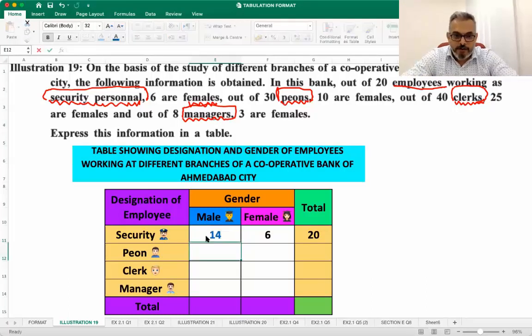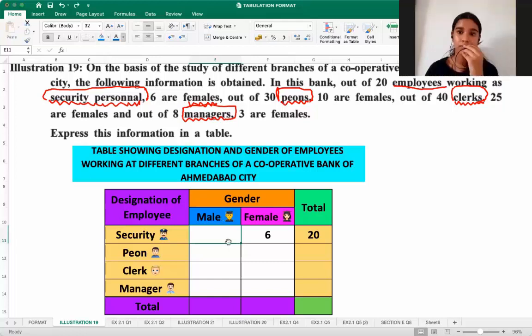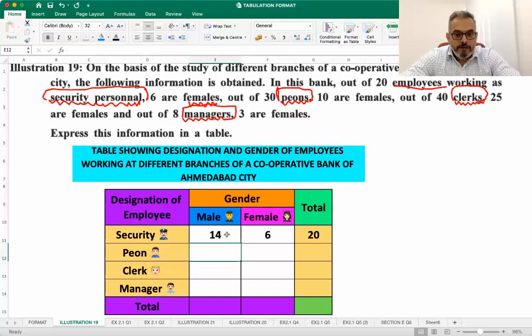14 are male. Okay, I'm changing the color because this was the missing value. So I'll use some color to identify that these were the missing ones. Okay, great. Now, 6 are females.